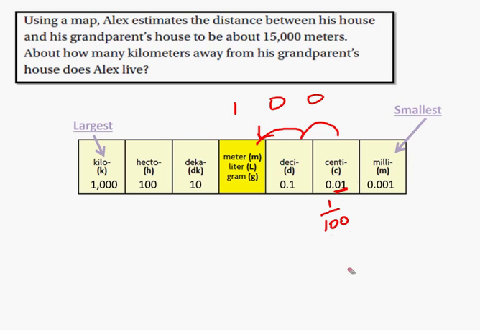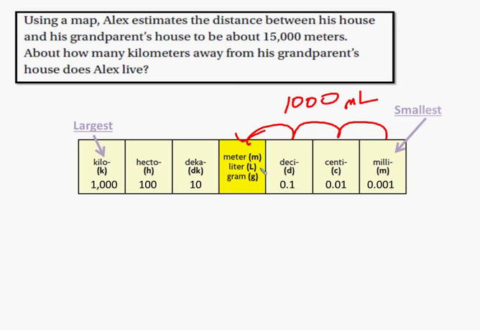Okay. A milliliter is 1, 2, 3 places away, so there's 1,000 milliliters in a liter, because we moved over 3 places, so that's 1, 2, 3 zeros.